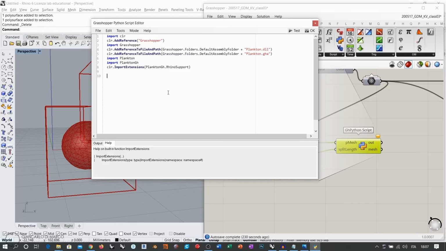Okay. So now what we want to do, this script is receiving a Plankton mesh, a half-edge representation. So what we're going to say is that we actually analyze each of the edges, and if you see that their length is larger than the split length value, then you split that triangle into two. Okay. So it is a cycle like for i in range of what? Well, let's count the half-edges inside this Plankton mesh.